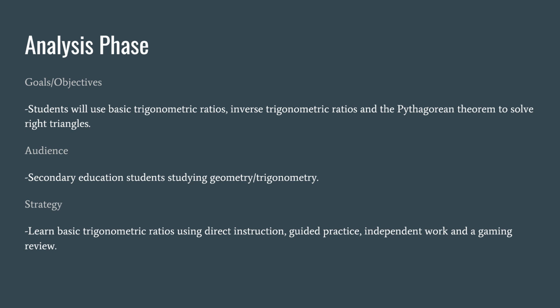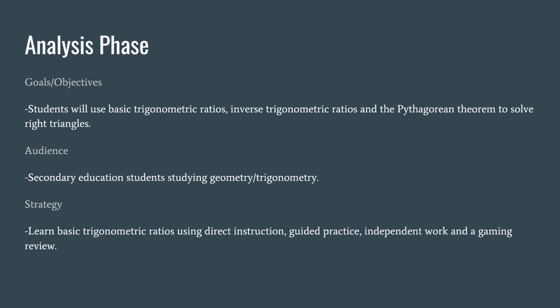For the analysis phase, our major goal and objectives were to have students use basic trig ratios, inverse trig ratios, and the Pythagorean theorem to solve right triangles. Solving right triangles means finding every side length and every angle measure in a right triangle.